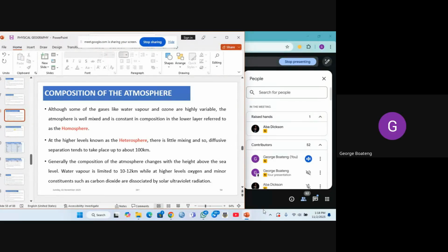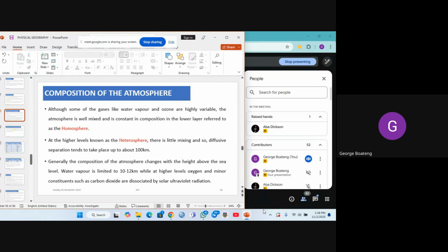So I will start talking about the composition of the atmosphere again. We are saying that the composition of the atmosphere is broadly divided into two, which is the homosphere and the heterosphere.